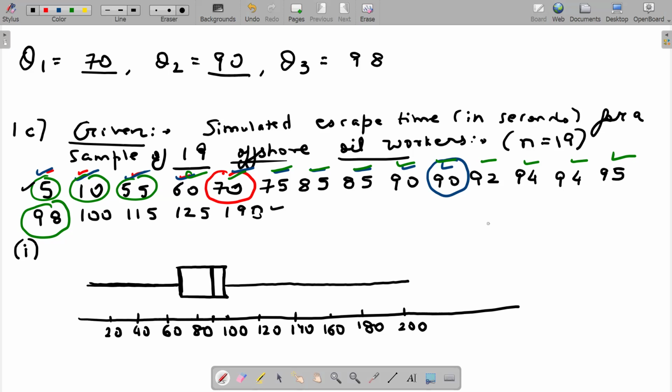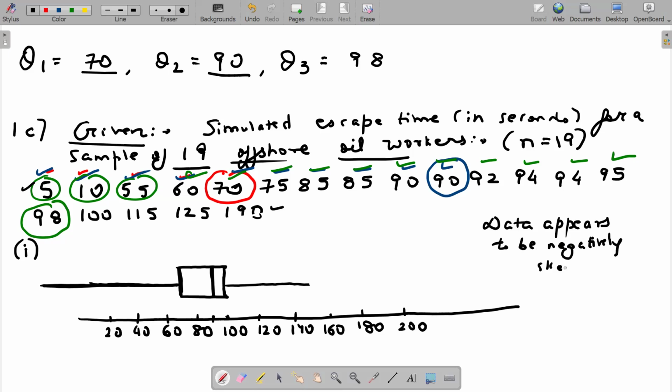I can stretch more arms here because, if you look at the data, it has more values to the left of 90. So the data appears to be negatively skewed. Okay, so hoping students have understood this.